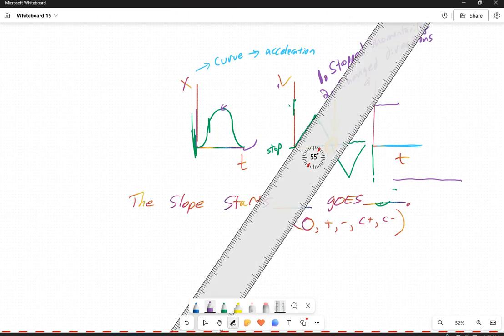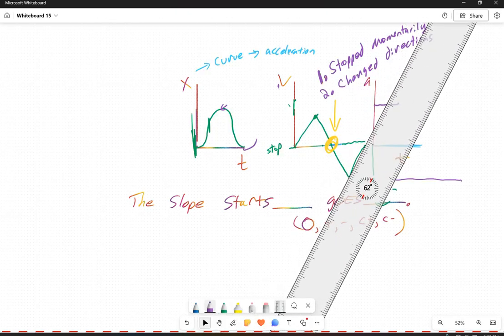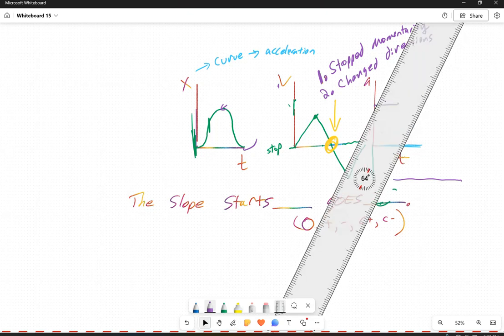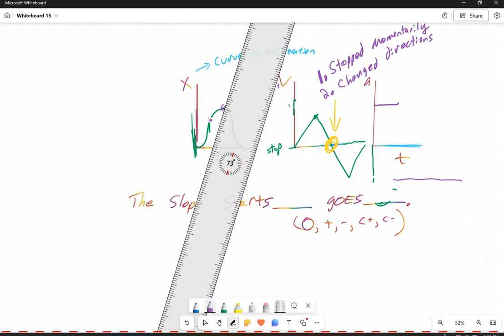This one looks like I drew it at 55 degrees, and this one looks like I drew it at 63 degrees. So I should have a greater acceleration for that second one. Again, vertical lines not necessary. You can do dotted lines or no lines, whatever you want.